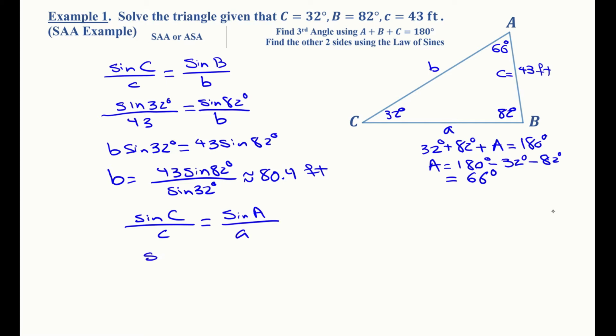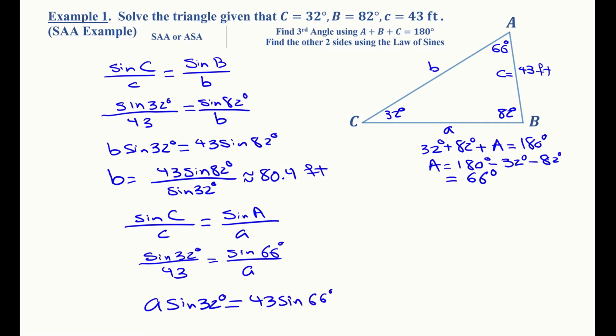So sine 32 degrees over 43 is equal to sine of 66 degrees over A. Once again, we'll go ahead and cross multiply, so we get A sine of 32 degrees equals 43 sine of 66 degrees.